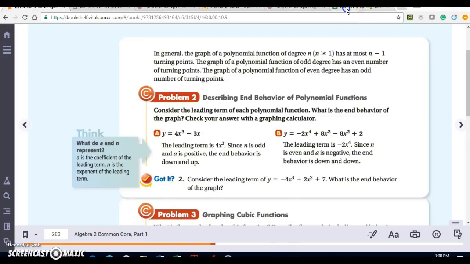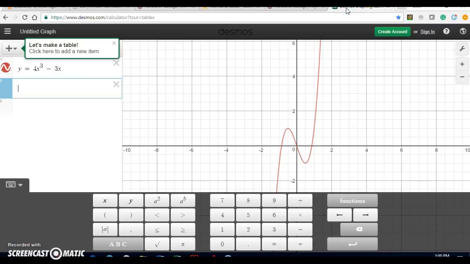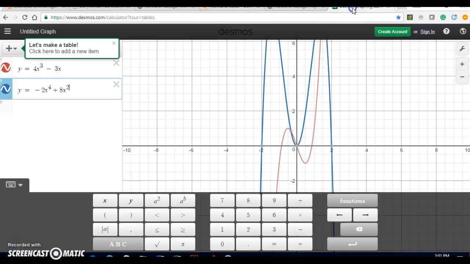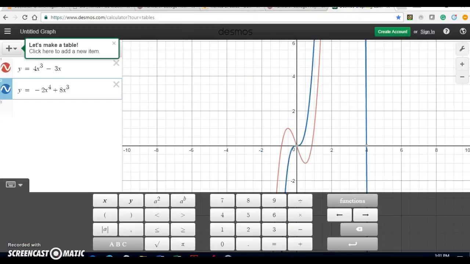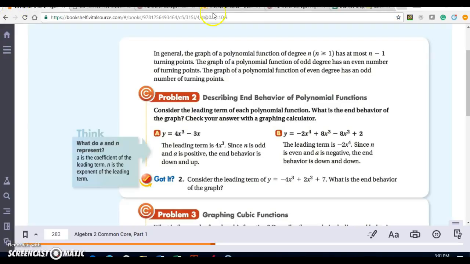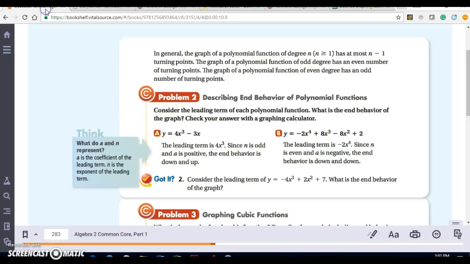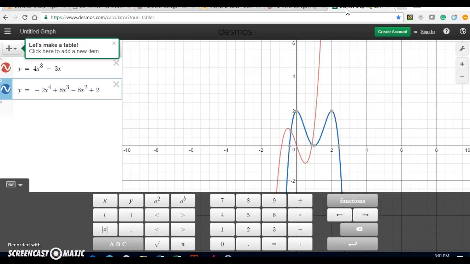Negative 2x to the fourth plus 8x cubed, sorry, minus 8x squared plus 2. Alright, so notice it is down. Alright, now we'll do ours.